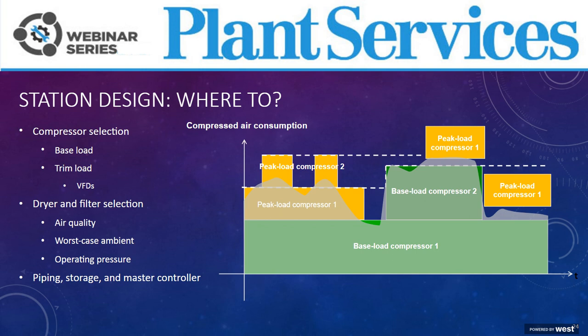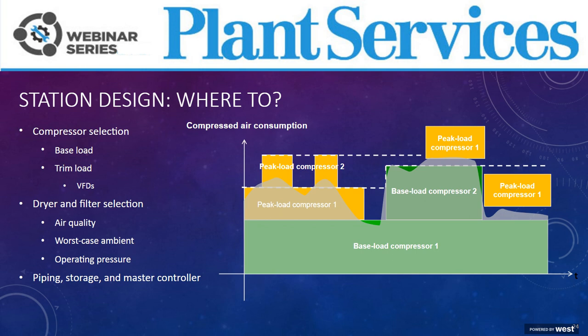In addition to compressor selection, dryer and filter selection will ensure you have the appropriate air quality level at all times. Compressed air dryers should be sized for worst case conditions as well as air quality required and system operating pressure. Likewise, the type of dryer is going to make a difference, whether you need a refrigerated dryer, say a 38-degree Fahrenheit pressure dew point, or a desiccant dryer, which is a minus 40-degree pressure dew point, or really anything below 38.